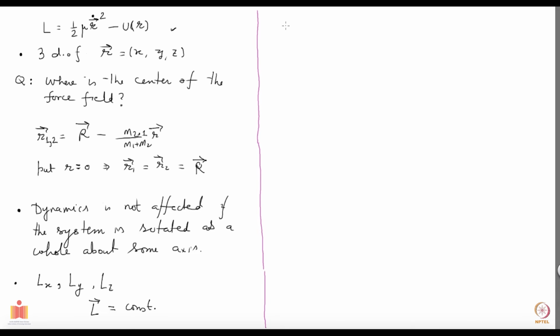But of course, whatever information is given to you cannot tell what the value of this vector L would be.